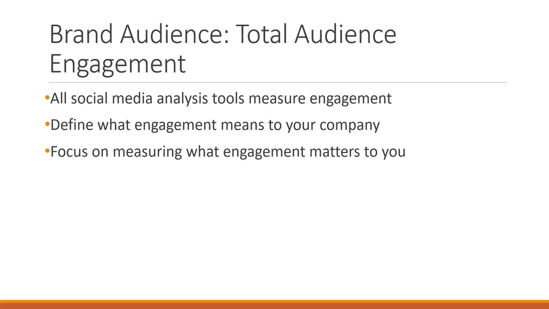What engagement matters the most to us, and we should focus on measuring that. Are we trying to collect likes? Are we looking to increase followers? Do we want people to share our content for that organic reach that we're not paying for? Which one is most important to us? Or are we going to measure them all and hope to increase them all?